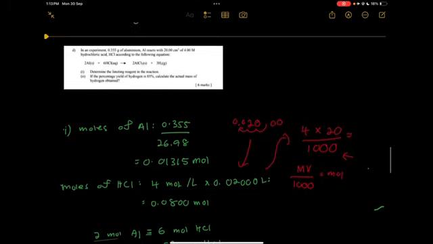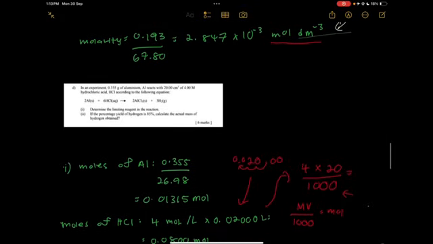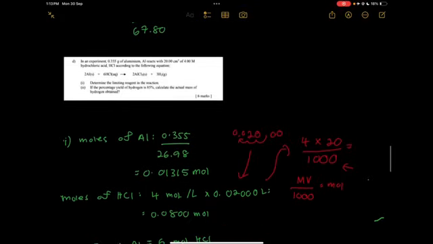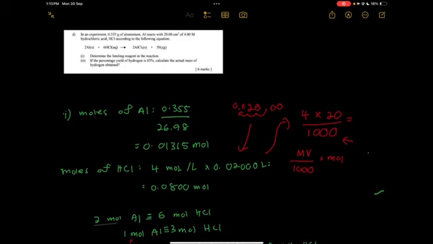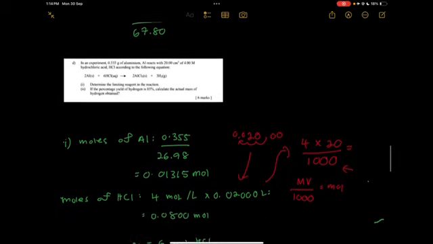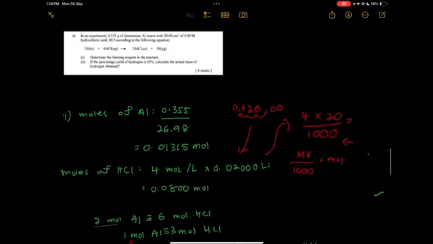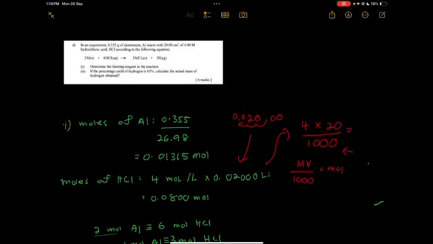So for question D, it is on the limiting reagent. It wants the limiting reagent in the reaction. The first thing we must do is find the moles of aluminium. The formula for moles is mass divided by molar mass. So the mass is 0.355 divided by 26.98. We can get the moles of aluminium is 0.01315 mole.